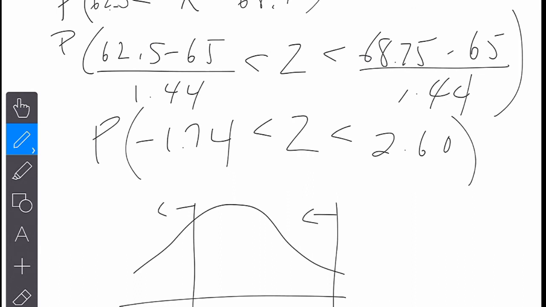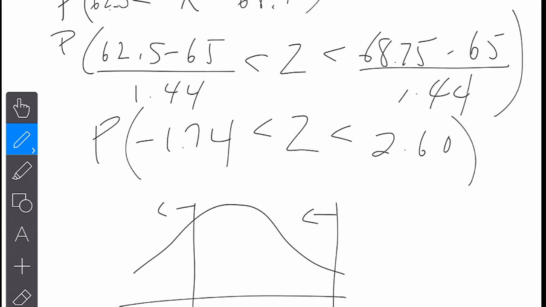Right? So negative 1.74 gives .0409, and 2.6 is 0.9955.